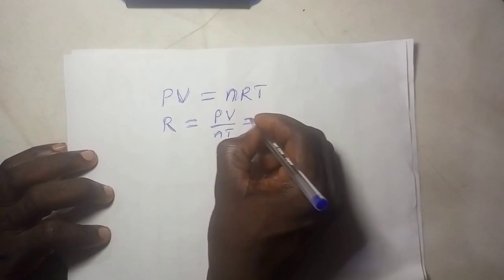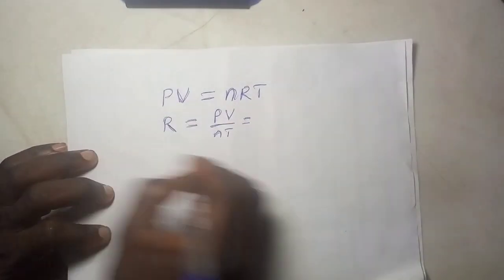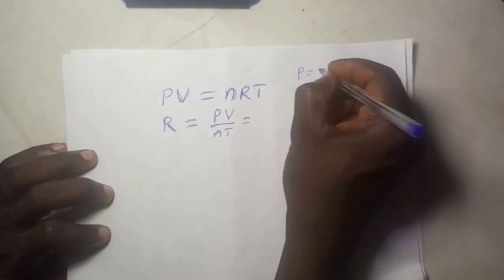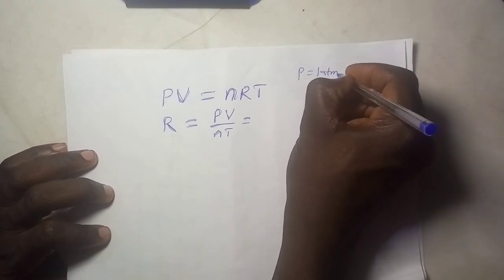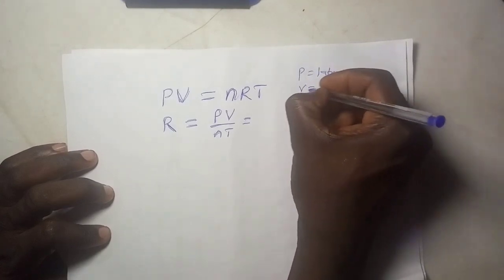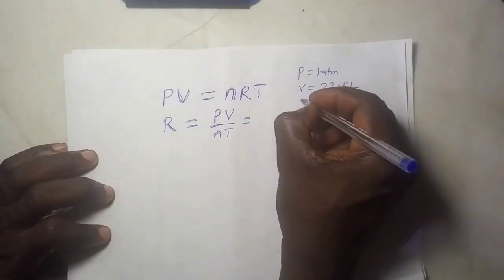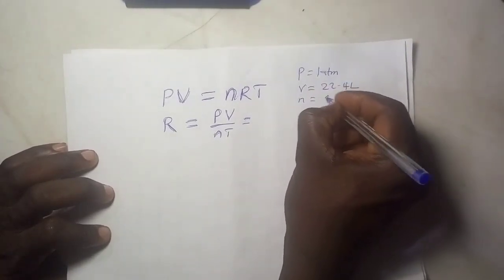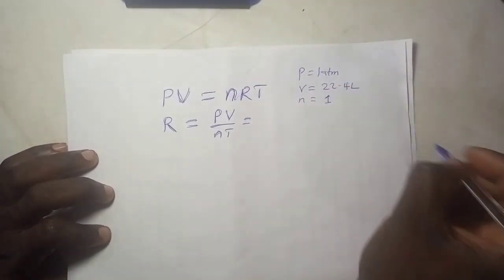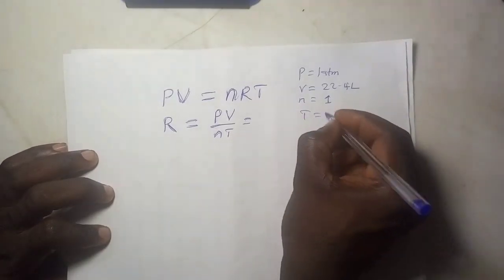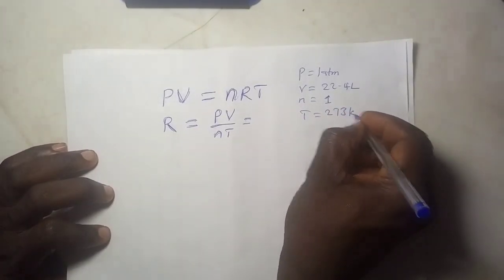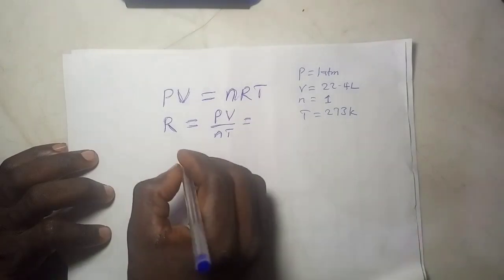Let's use a pressure of 1 atmosphere, a volume of 22.4 liter, 1 as the number of mole, and T as 273 Kelvin. Let's see what R will give to us.